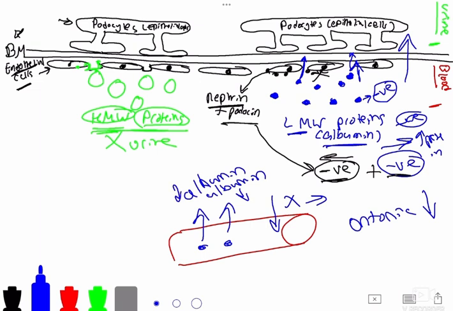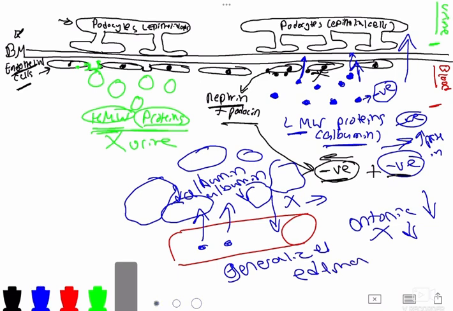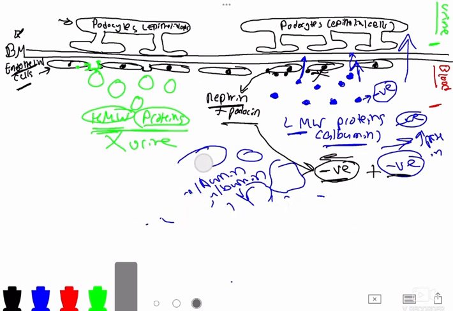Simply, the fluid is just going to accumulate outside the blood vessel because there's no more oncotic pulling force, and that's going to cause generalized edema, usually in the lower limb. So that's the third part. So we did the generalized edema, the hypoalbuminemia in the blood, and the heavy proteinuria.